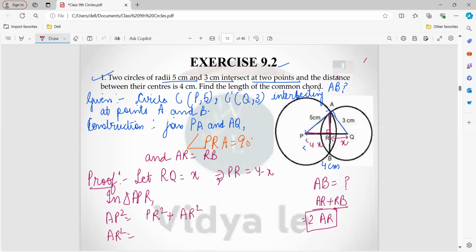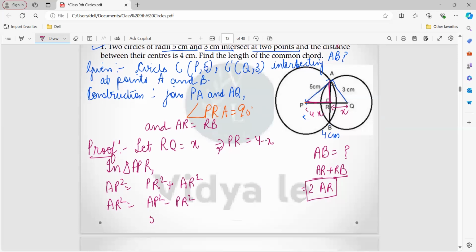We want the value of AR. So AR square will be AP square minus PR square, where AP is 5 centimeter. So 5 square, and PR is 4 minus x, so it is 4 minus x whole square, right?